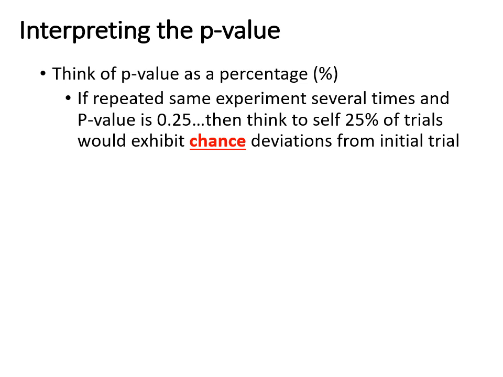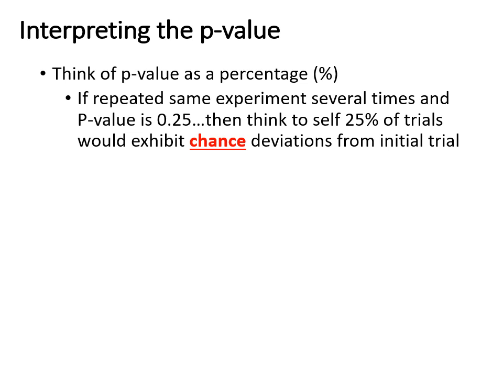Basically what this means is if you repeated the same experiment, the same cross, several times and your p-value is 0.25, then you could think of it as, okay, 25% of the trials would exhibit chance deviations from the initial trial.